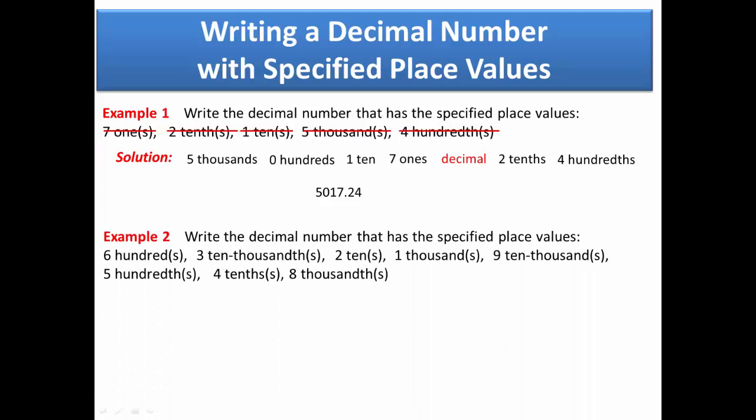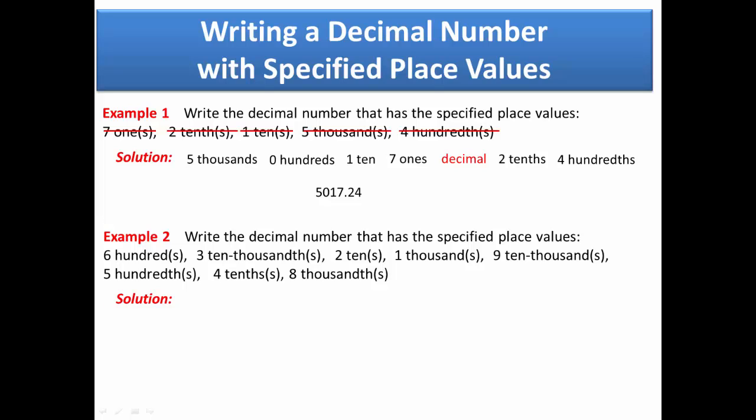For the next example, we will write the decimal number that has the specified place values: 6 hundreds, 3 10,000ths, 2 tens, 1 thousand, 9 ten-thousands, 5 hundredths, 4 tenths, and 8 thousandths. Again, we will start with listing the specified values from the largest to the smallest of the whole part of the decimal number.